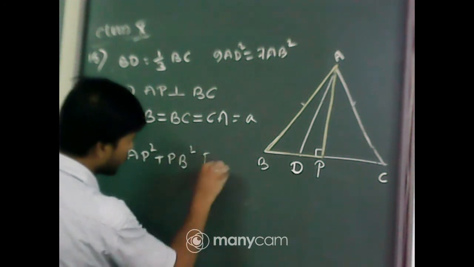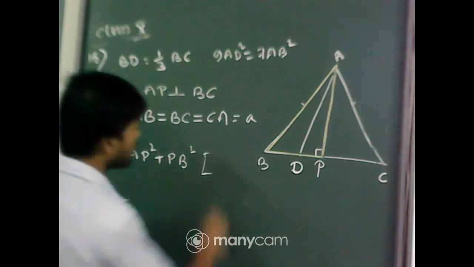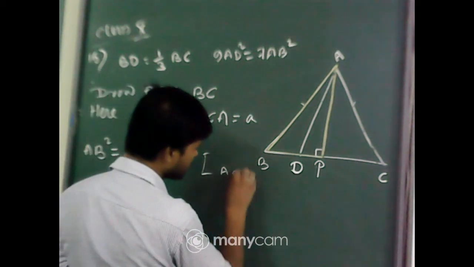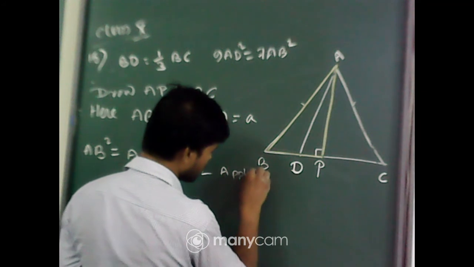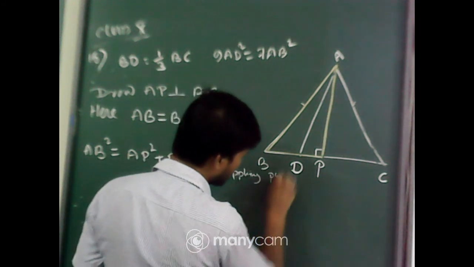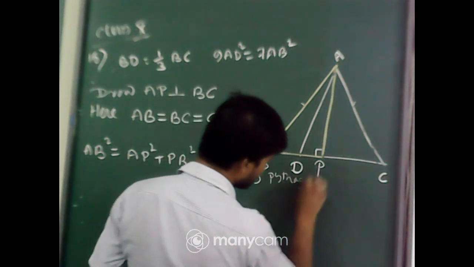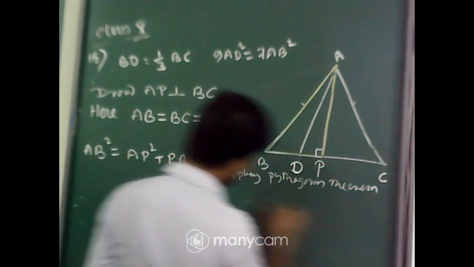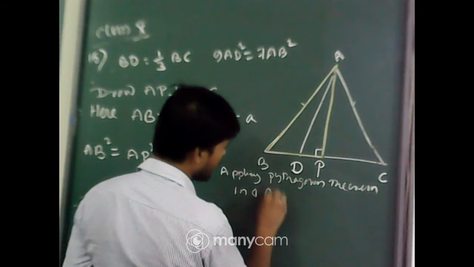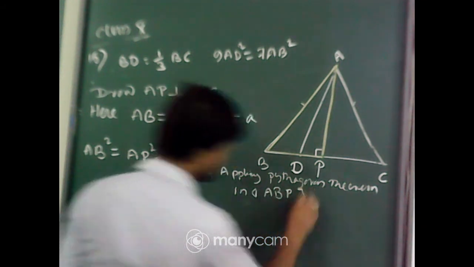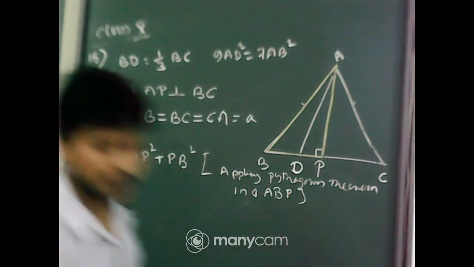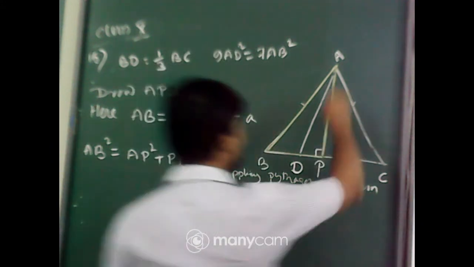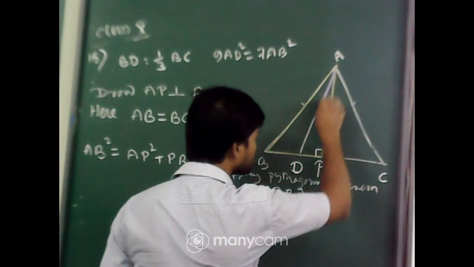Within the bracket, we'll write that this is from applying the Pythagoras theorem in triangle ABP. Now consider this triangle APD.